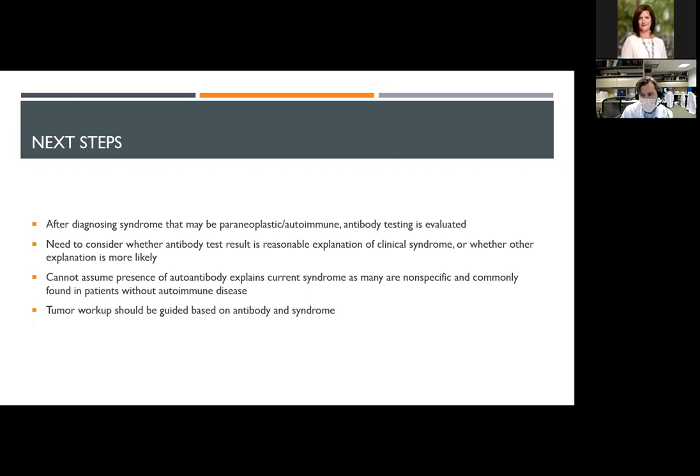And three, a lot of these antibodies will be positive just for having the primary cancer and not necessarily for having the paraneoplastic disorder. So there are some that notoriously come back positive at low titers, and it doesn't always seem to fit with the clinical syndrome and you're not really sure what to do with it. But if you do have a specific syndrome, especially with a specific antibody, that can help guide your tumor workup.